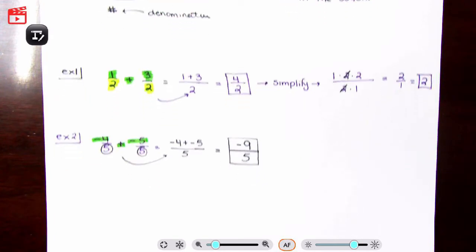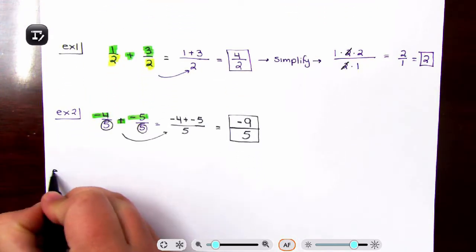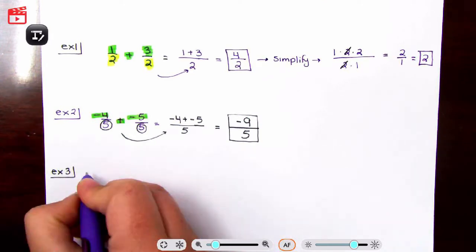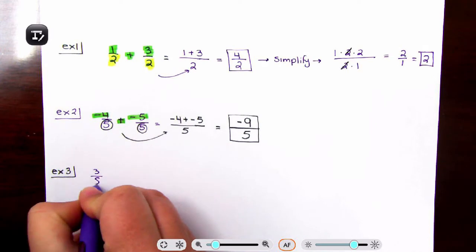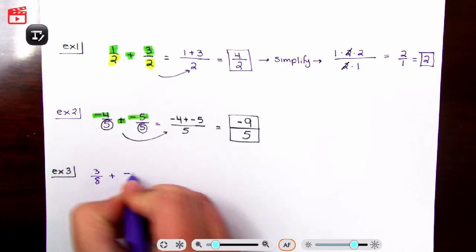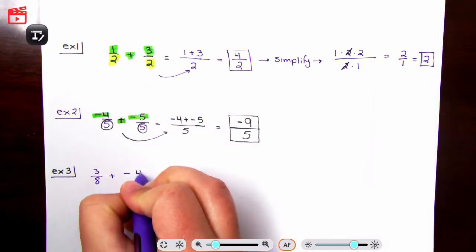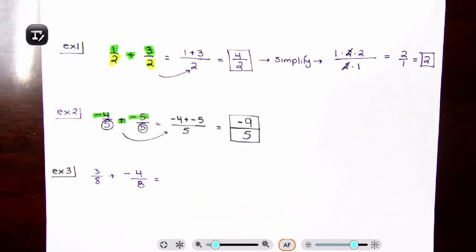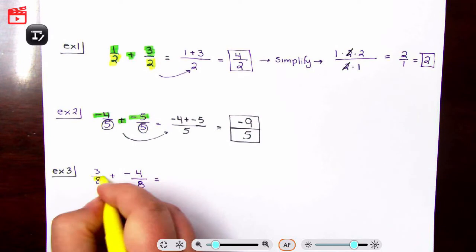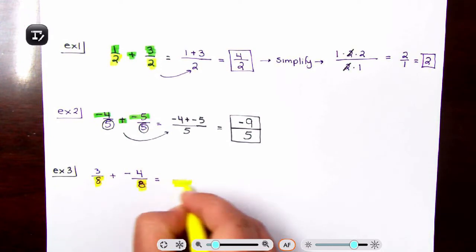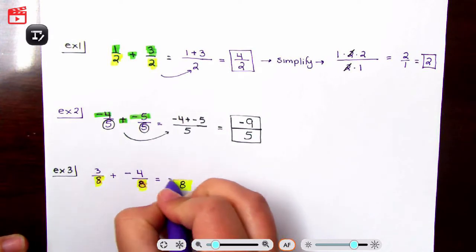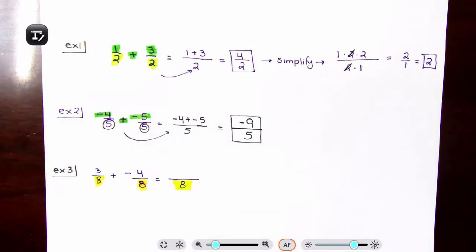Let's try one last one for addition, and then we will do some examples for subtraction. Let's do 3/8 plus -4/8. Take your denominator, copy, copy, paste. So you're going to have an 8 here. In the numerator, you're going to take everything.